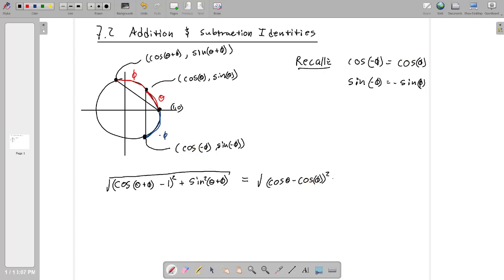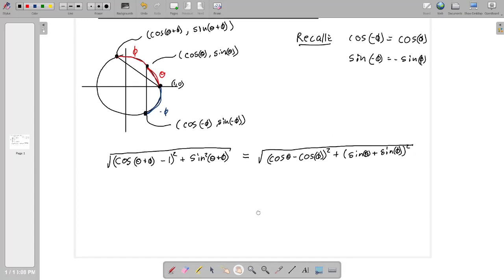Quantity squared plus sine theta minus sine of negative phi. But remember, sine of negative phi is negative sine phi. So we have sine of theta minus sine of negative phi, which becomes a plus sine phi, quantity squared. Now I'm going to ignore the square roots because they don't do anything in this case. We can just square both sides.